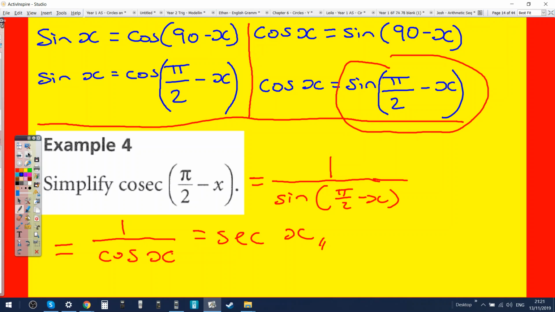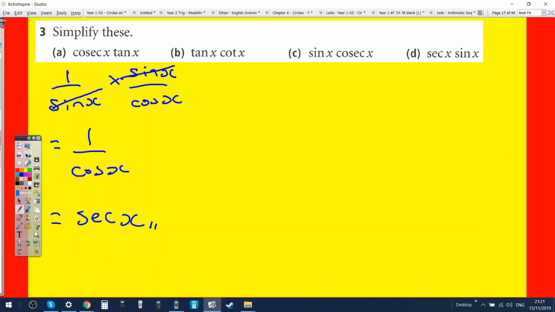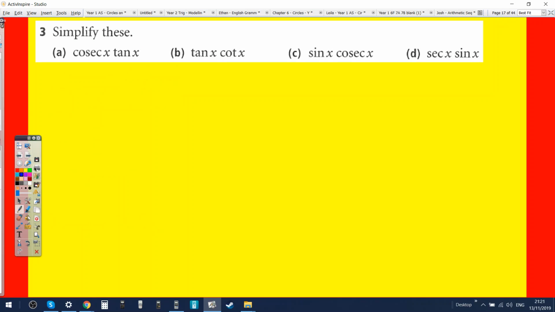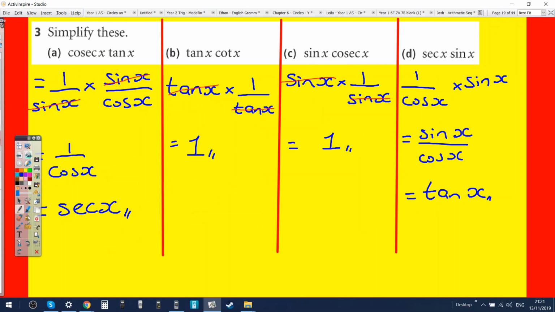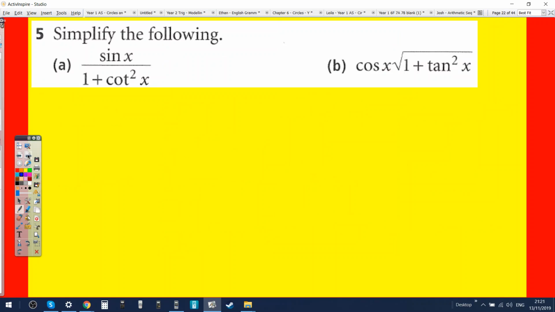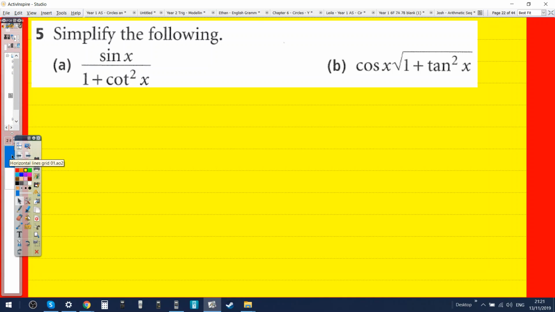So let's see. This is kind of a different thing. Let's see. I just want to pick a tricky one. One that has squared and stuff. Yeah, okay. So how about this one on the left? I think it was cosec.